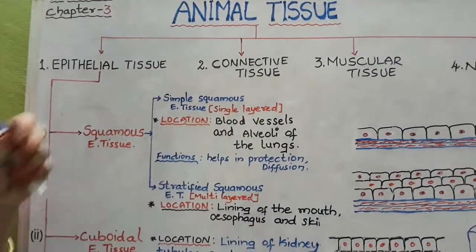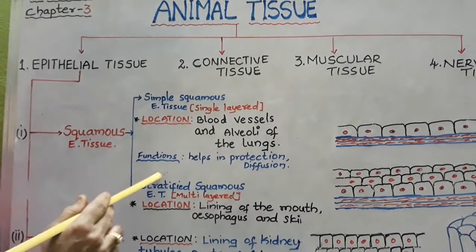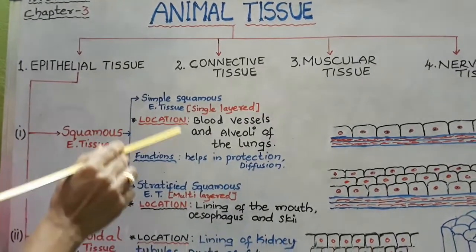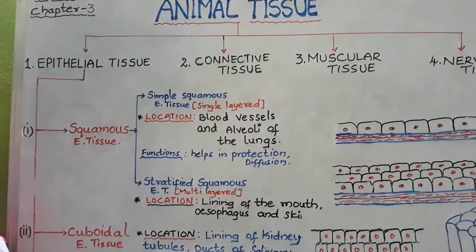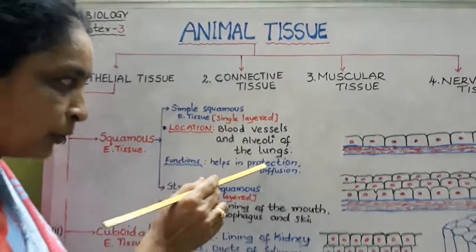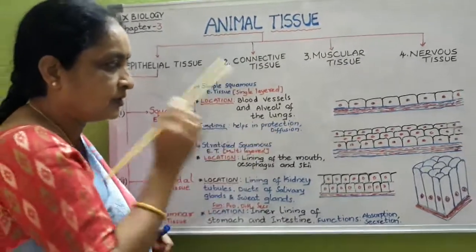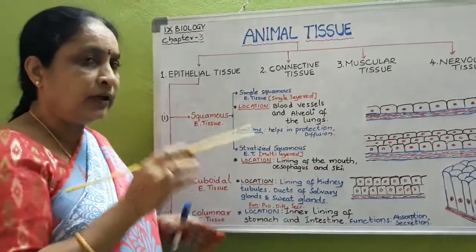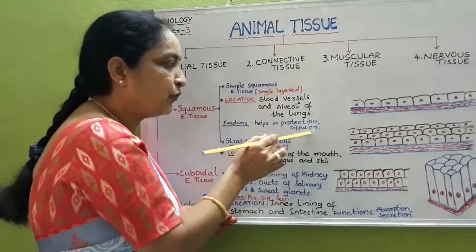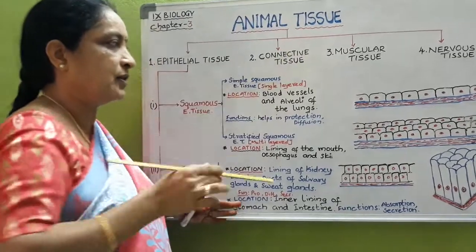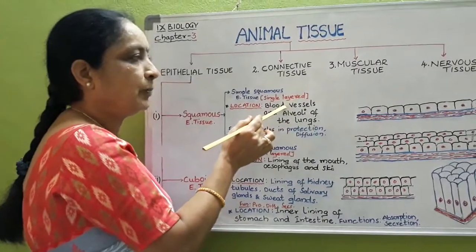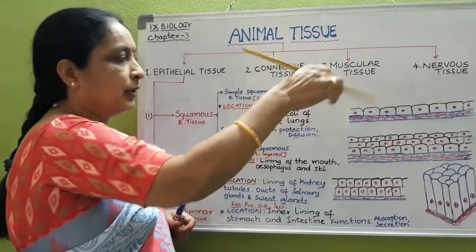What is the function of this tissue? This tissue helps in protection, as epithelial tissues protect the outer part of the body as well as the inner organs. And diffusion: in the blood vessels, things like food, wastes, enzymes and hormones diffuse into the blood and reach different parts.